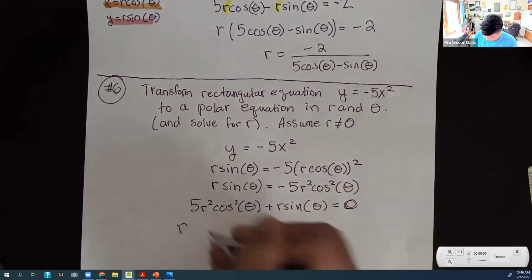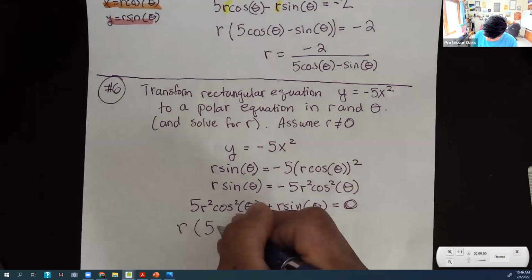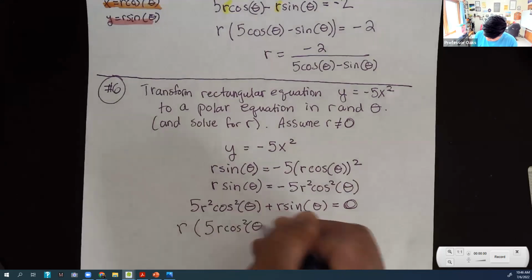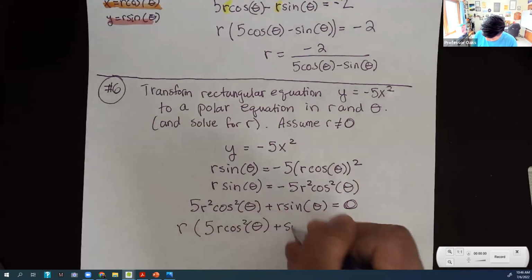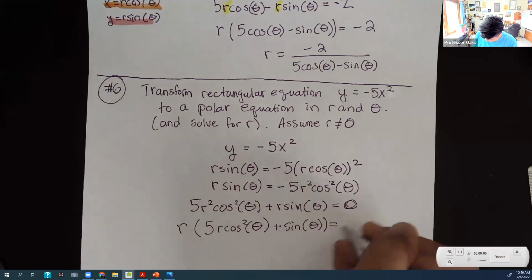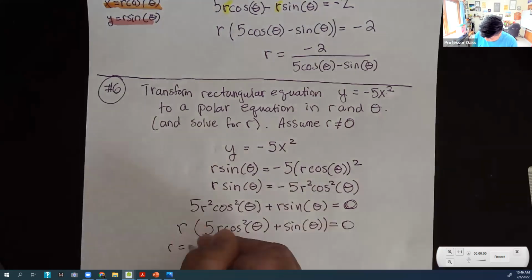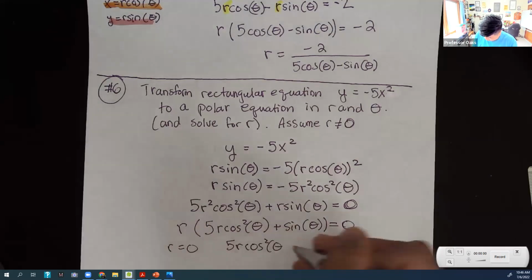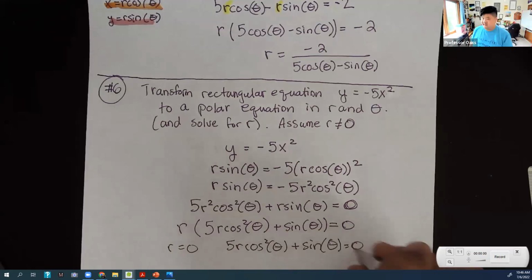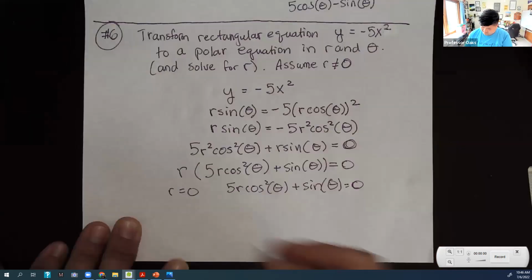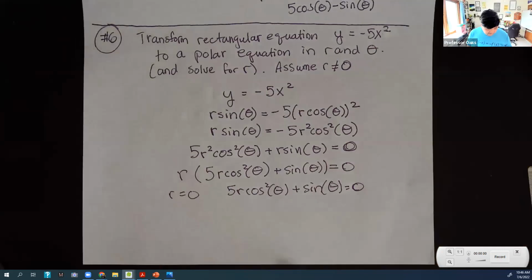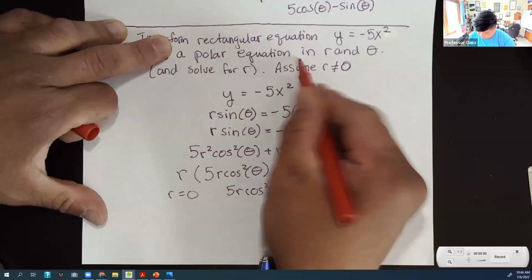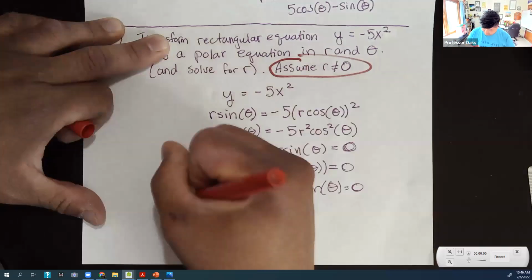So r times (5r cosine squared theta plus sine of theta) equals 0, and then set each of these equal to 0. But here's the thing: because it said to assume that r is not equal to 0, you don't actually need to do that.